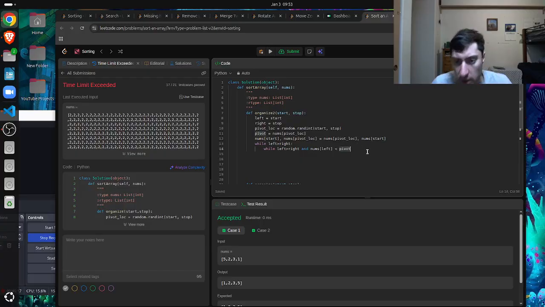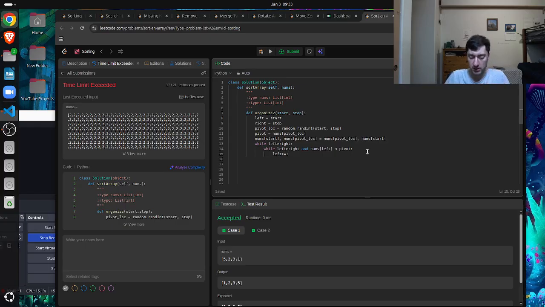So in this case, nums of left is less than pivot. So that means we want to keep moving it over, right? Left plus equals 1. And then it's going to stop when either we get outside the bounds of the array, or whenever we hit a location where we say, oh, this one is bigger, so we need a swap.